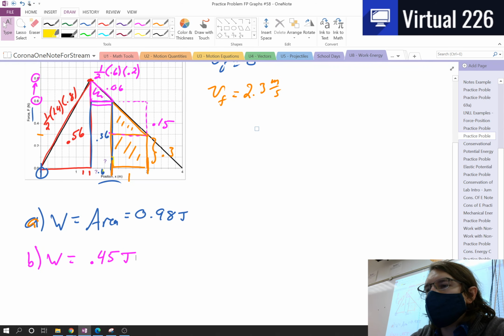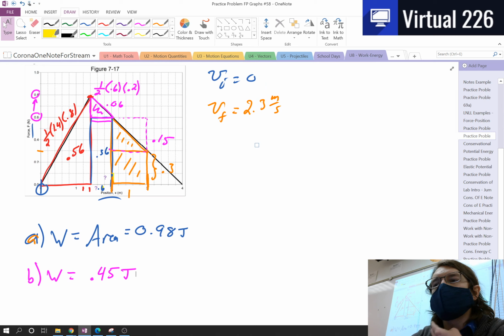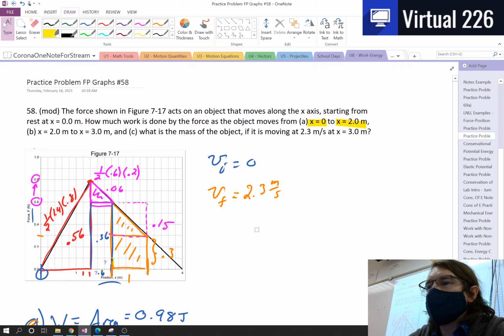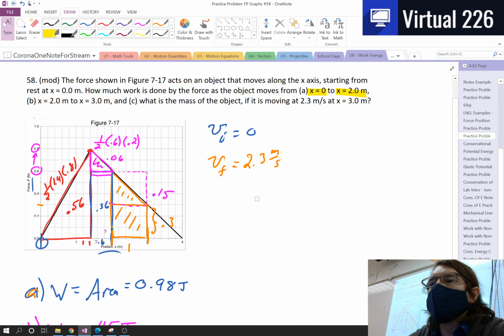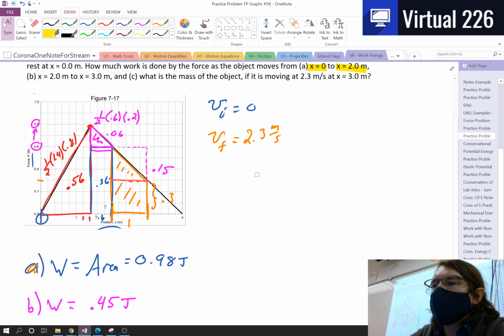Now in part C, we start getting back into a little bit more of the work energy idea. We've just been looking at works and areas, but for our work energy idea, we want to know what's the mass of the object if at the end it's moving at 2.3 meters per second.